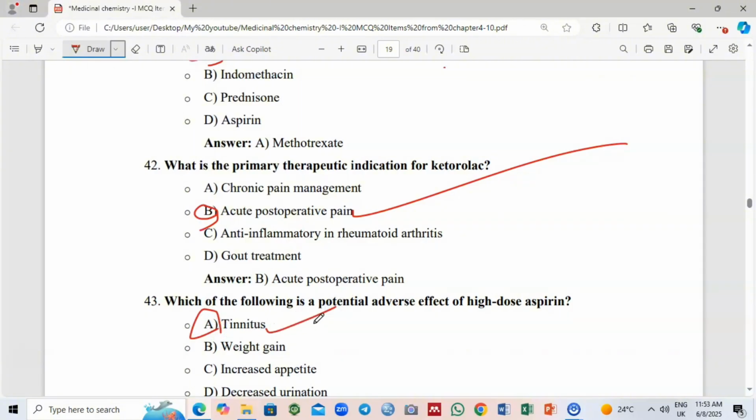Tinnitus is a perception of noise or ringing in the ear when no external sound is present, and it may be subjective or objective. Causes include hearing loss, exposure to loud noise, ear infection, and different medications. Buzzing, hissing, and clicking sounds in one or both ears can be a symptom, and this can be associated with a high dose of aspirin.